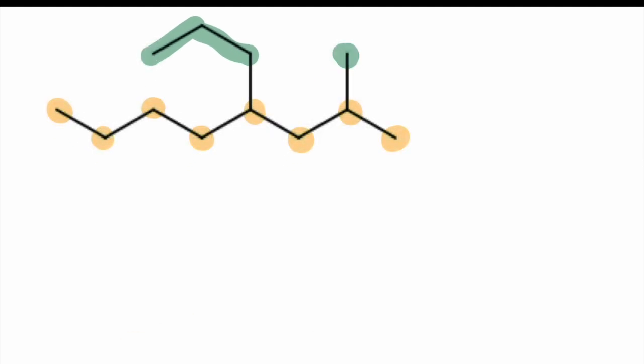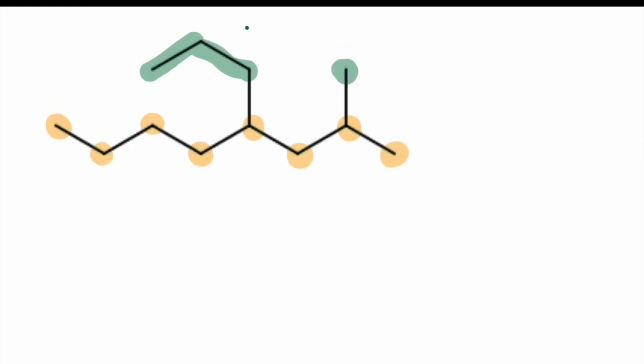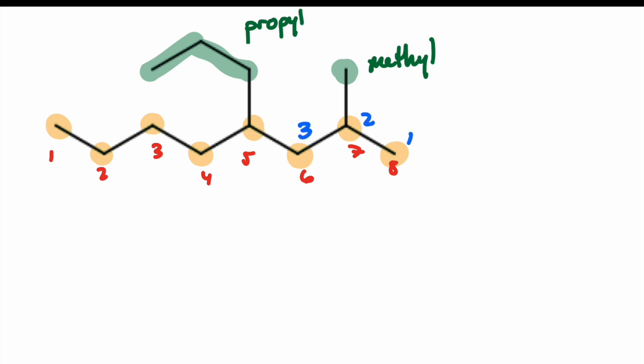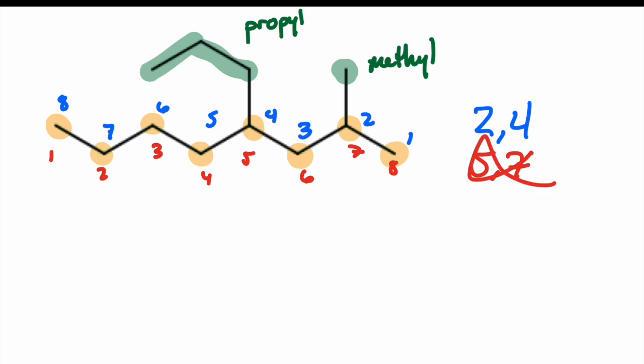All right, so in this case, we have this propyl group and this methyl group. We're going to number our parent chain 1, 2, 3, 4, 5, 6, 7, 8. Or we can go the other way, 1, 2, 3, 4, 5, 6, 7, 8. If we did our blue numbering scheme, it would be a 2 and a 4. If we did our red numbering scheme, it would be a 5 and a 7. So which one are we going to pick? We want that blue numbering scheme.